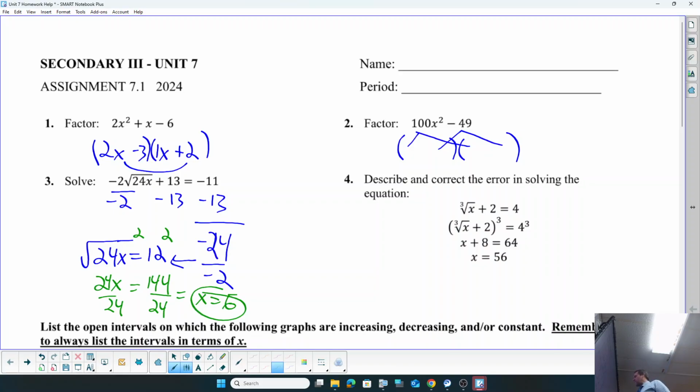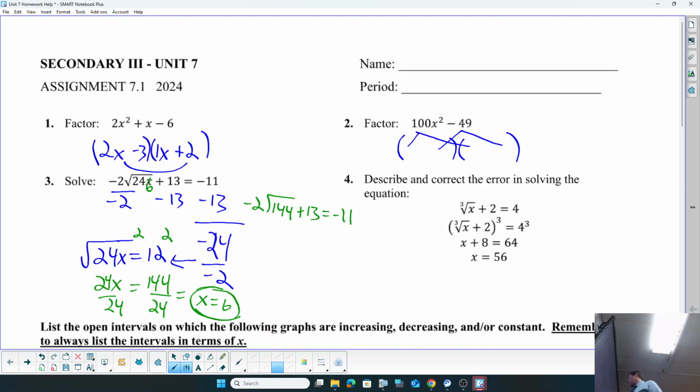So let's see if it works though. Make sure you plug it in. Make sure it works. So 6 times 24 is 144. So that's 144 plus 13 is equal to negative 11.